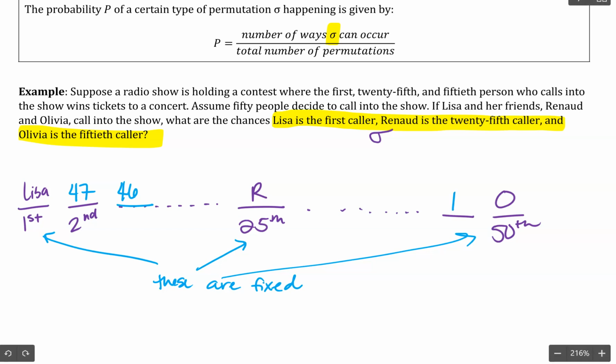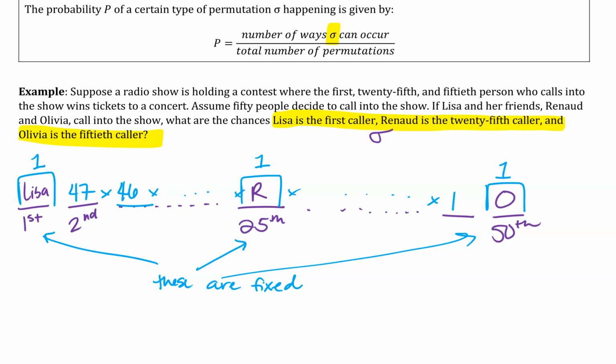We have one option there. So if we multiply all these together, and you can think of our fixed options for the people that we are interested in as there's only one option for those because that's what's fixed. So if you imagine multiplying 47 times 46 times 45 all the way down to 1, that's the same as 47 factorial.